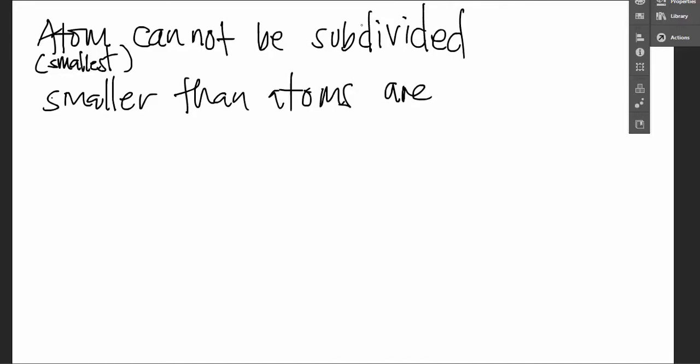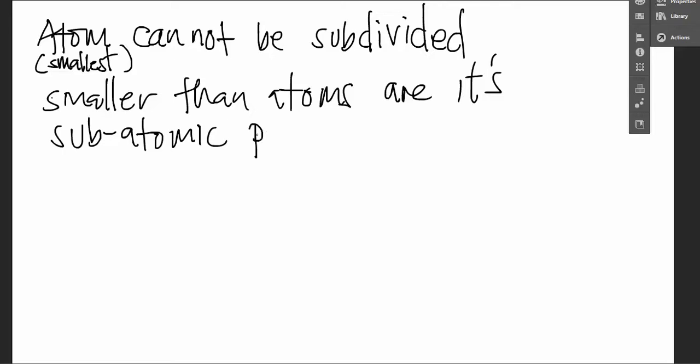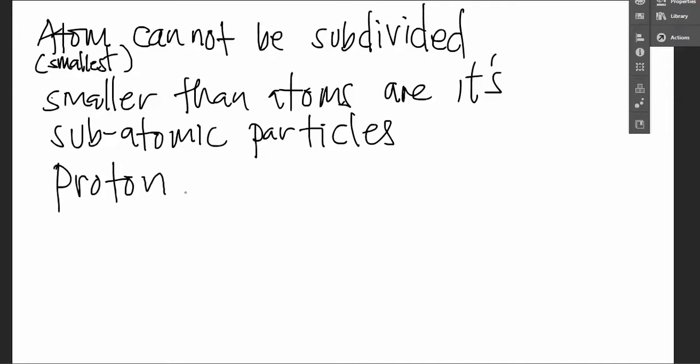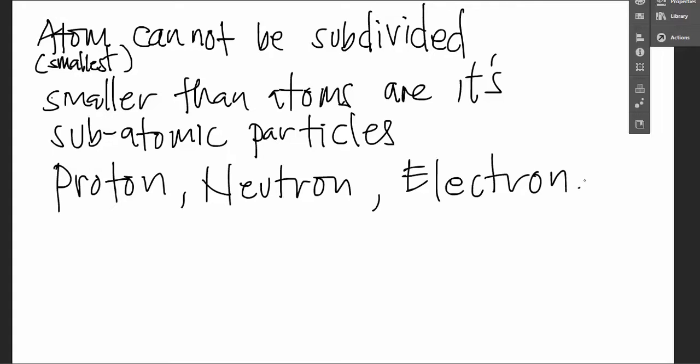The names of subatomic particles are proton, neutron, and electron. Atoms of different elements vary from one another in the number and arrangement of these three subatomic particles.